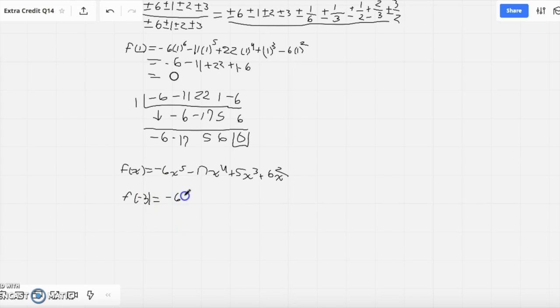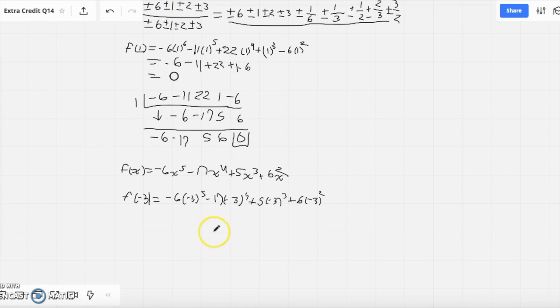negative 6 times negative 3 to the 5th, minus 17 times negative 3 to the 4th, plus 5 times negative 3 to the 3rd, and then finally plus 6 times negative 3 squared.